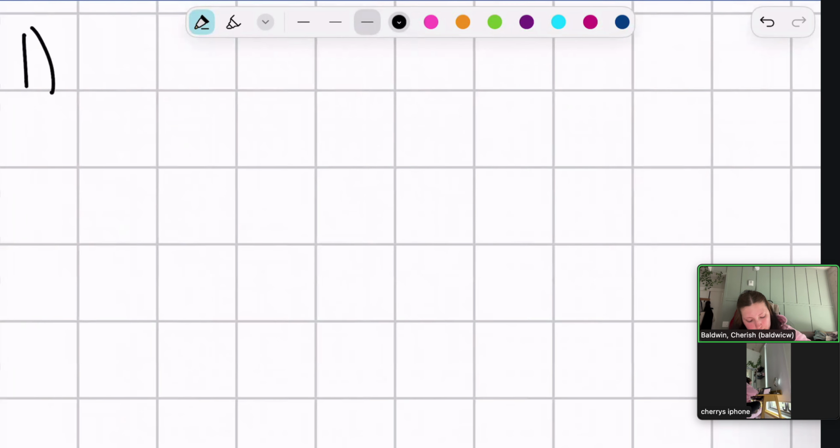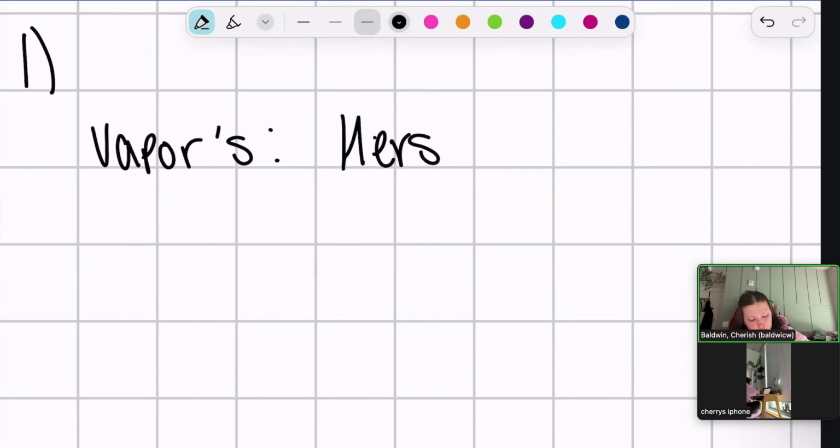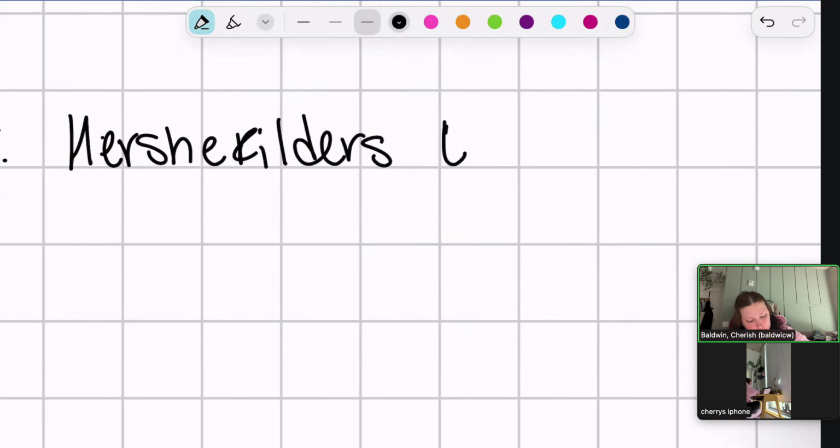So first, for vapors, we use Hirschfelder's equation.